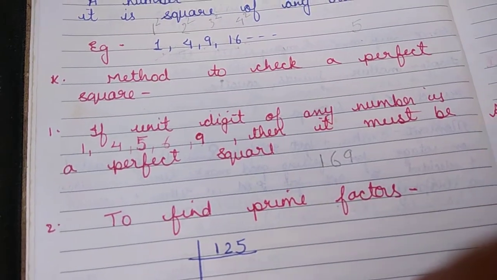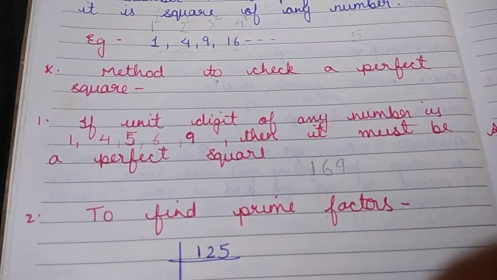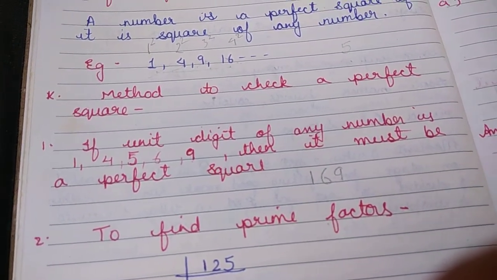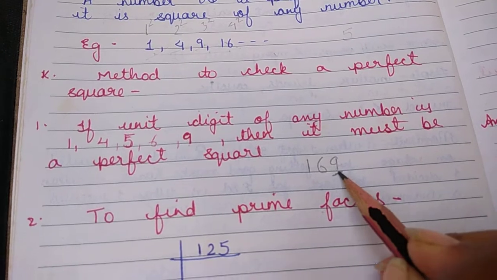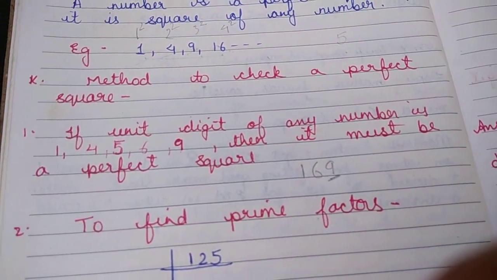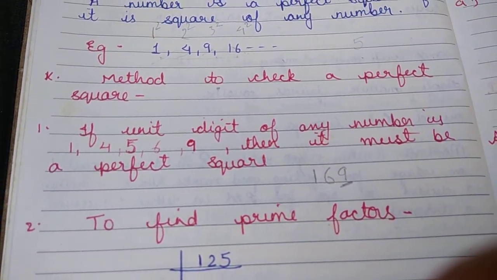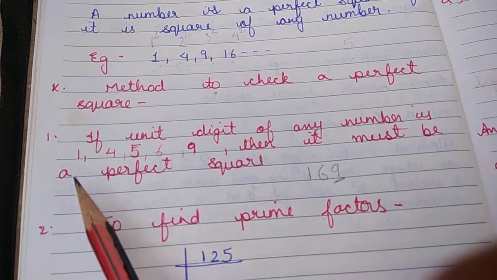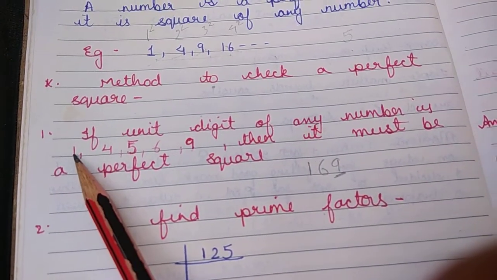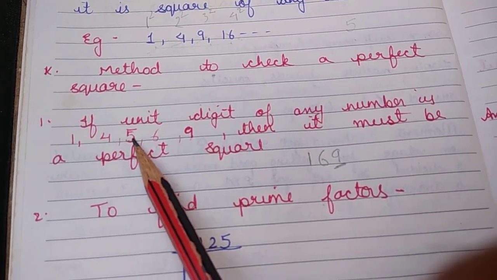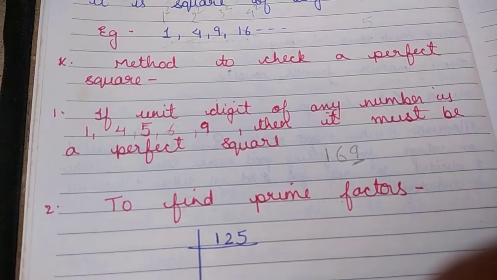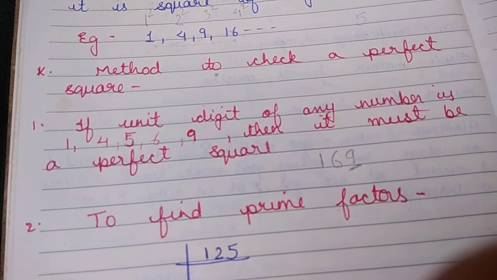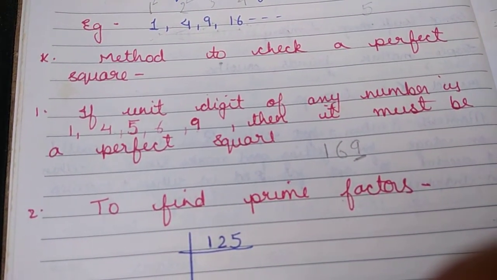If the unit digit of any number is 1, 4, 5, 6, or 9, then it may be a perfect square number. Suppose I give you 169, a 3-digit number. If the last digit, the digit with which the number ends, is 1, 4, 5, 6, or 9, then there is a possibility that the number could be a perfect square number.